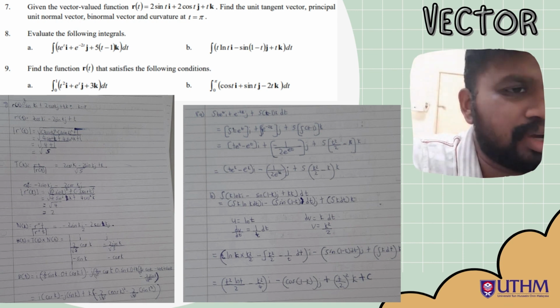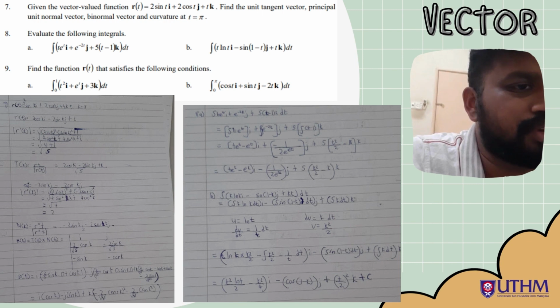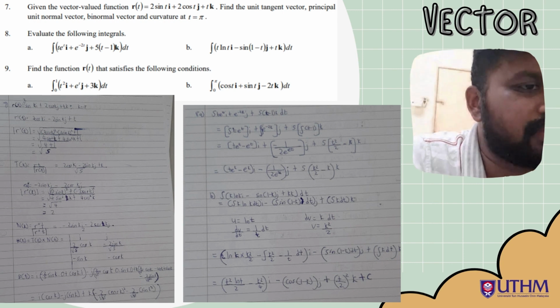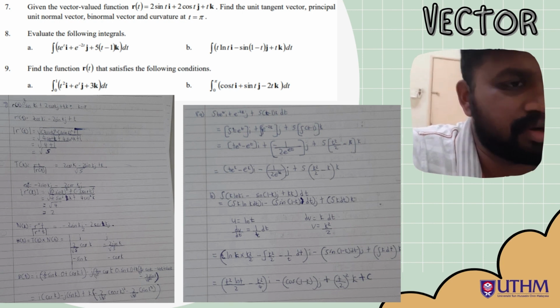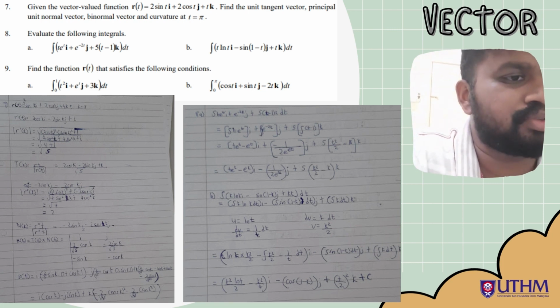After that, r prime of t equals the square root of (negative 2 sin t) squared plus (negative 2 cos t) squared. So the same again, you get 4 sin squared t plus 4 cos squared t. So in the end you get the square root of 4, which equals 2.